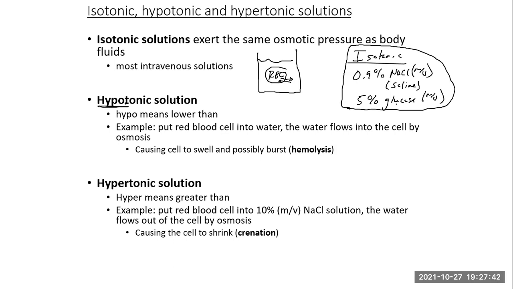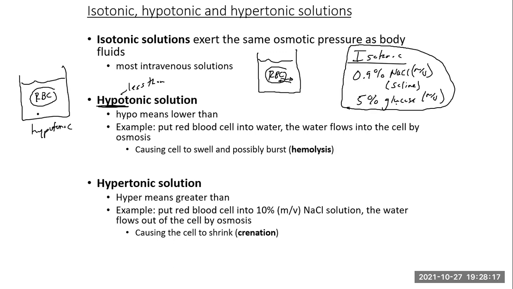Hypotonic. Hypo means less than, which means that the solution outside of the cell, for example, is less concentrated than the actual cell itself. So if we take our same situation here and use our red blood cell, and we put it into a hypotonic solution, what that means is, again, outside of the cell is less concentrated than inside the cell.